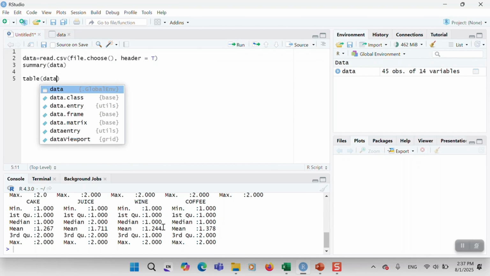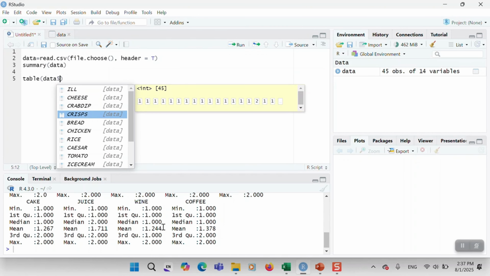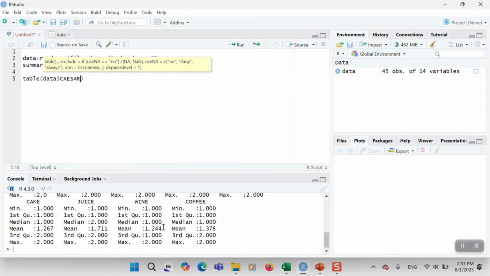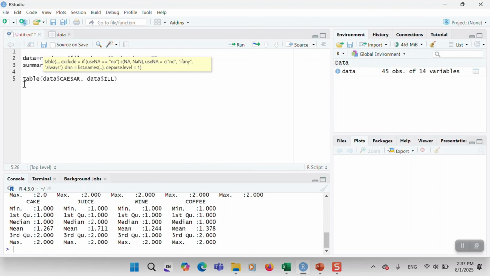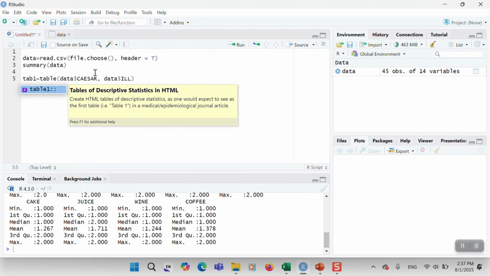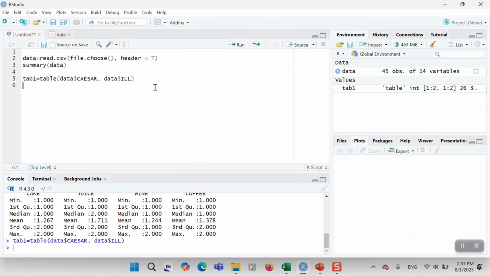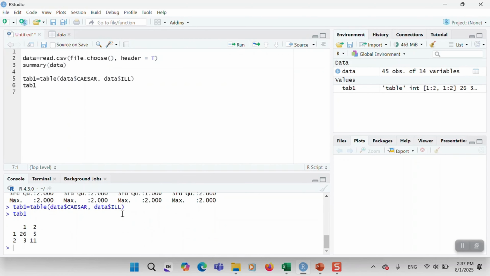So from data, I'm going to select Caesar as my exposure, and my outcome is illness. I'm going to save this in an object called tab1 and then run. Now let's take a look at table 1. As you can see, among the exposed, most of them had Caesar salad.